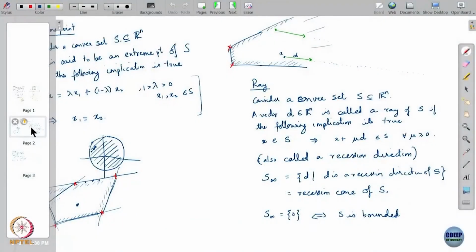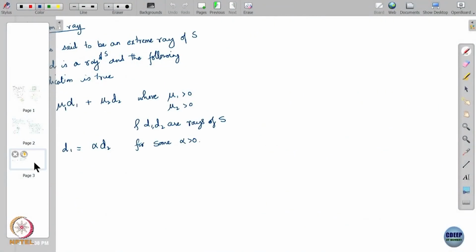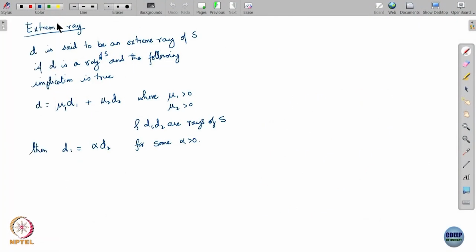In this example, I'll need to take a bit of time to determine what the extreme rays are. So, let me show you another example. For simplicity, let us just take a cone, a convex cone like this.